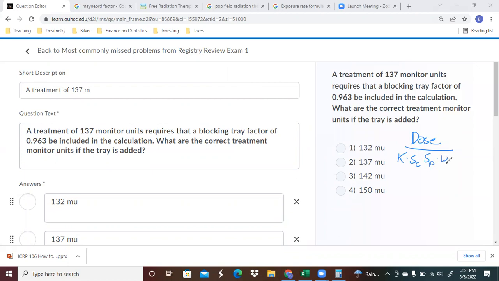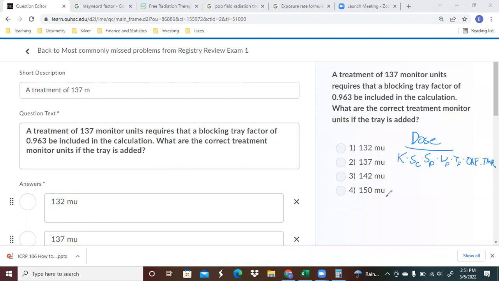You'll have a wedge factor, tray factor, and then any sort of off-axis factor times, usually, a TMR, and so on and so forth.